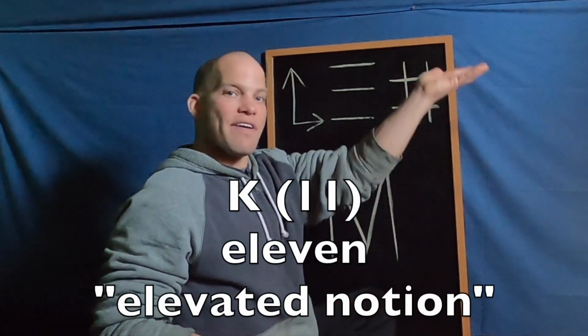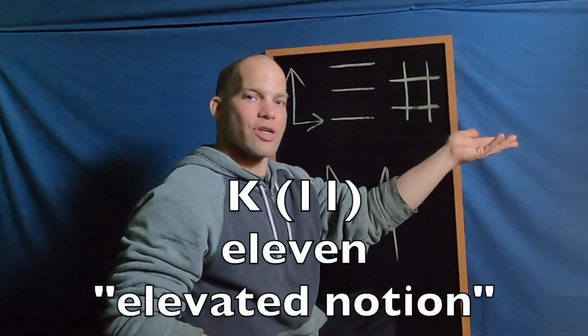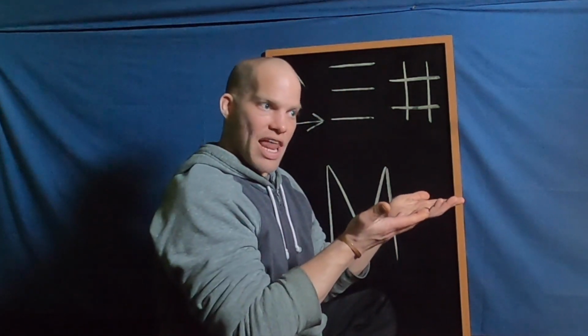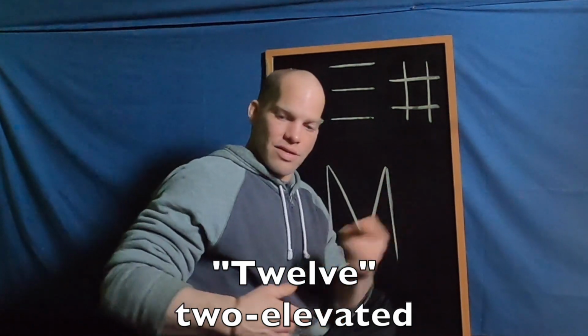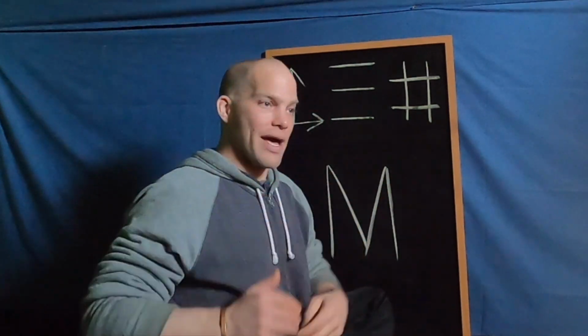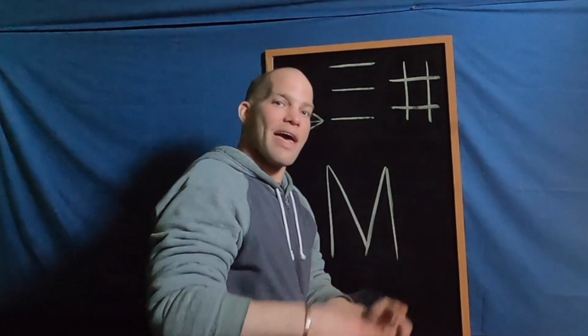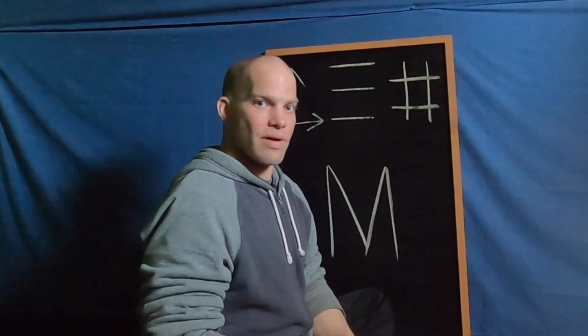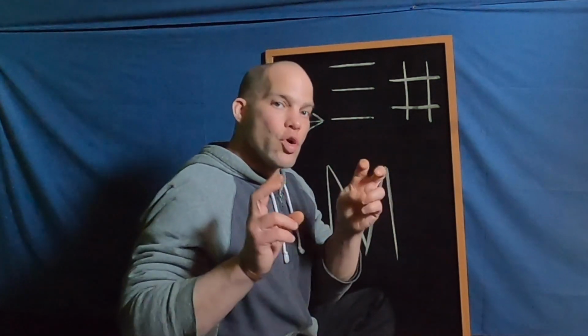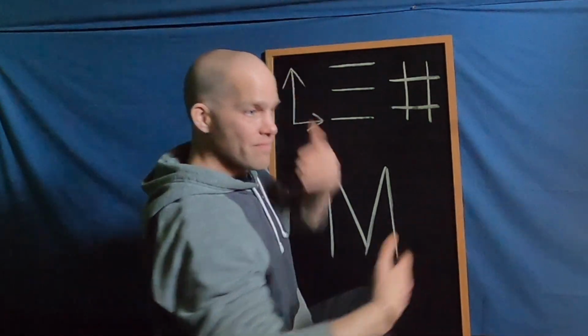K is 11, which is elevating the expressed notion. AA, actively active, elevating the expressed notion. 11. And then 12 is too elevated. So B and L. So it's A active, K, elevated expressed notion. 11, actively active. 12, the idea of two, and then elevated.